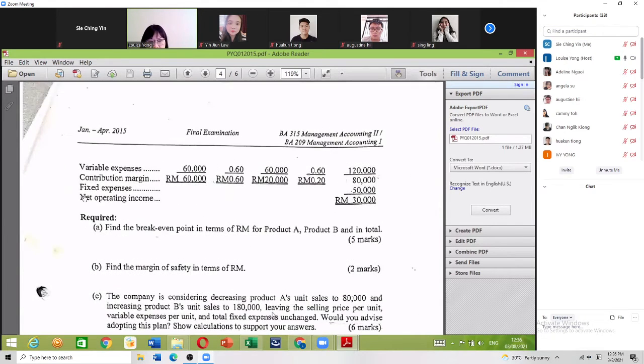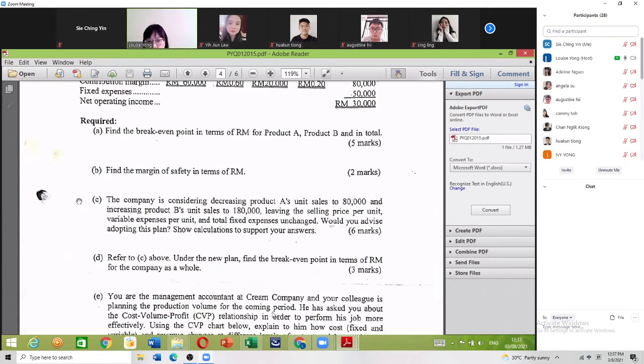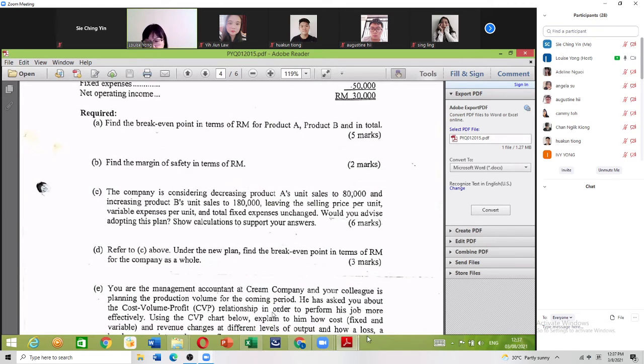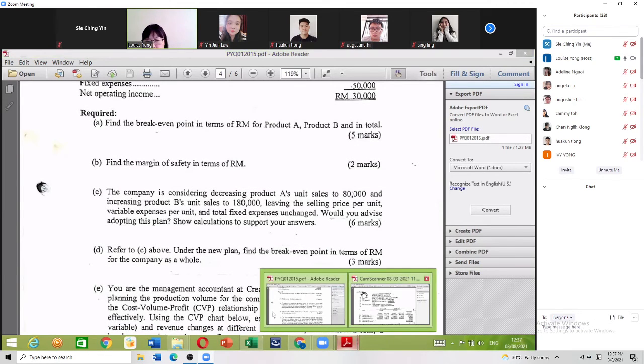The current net profit is 30千. Now you need to calculate, Part C, what is the net profit if you change it?